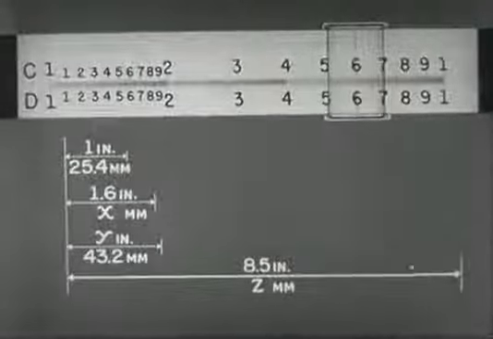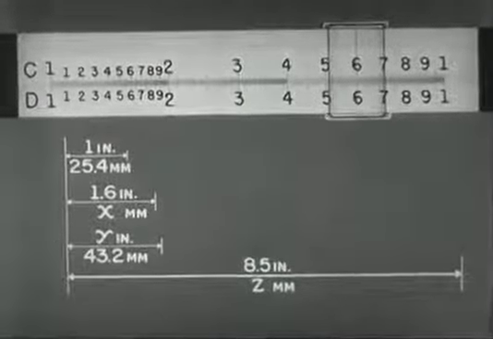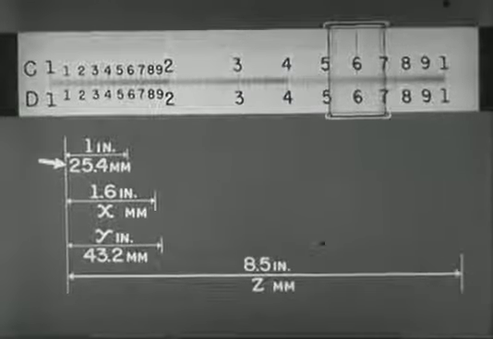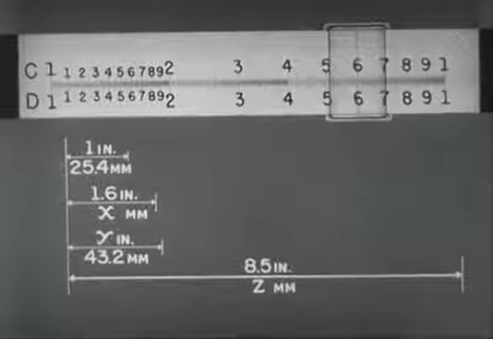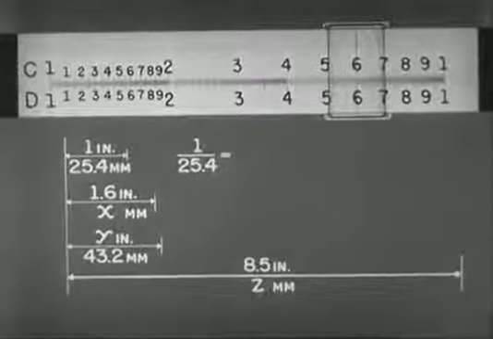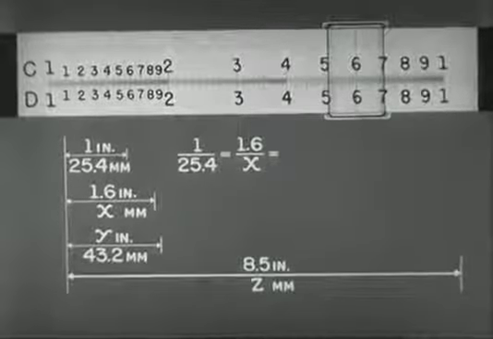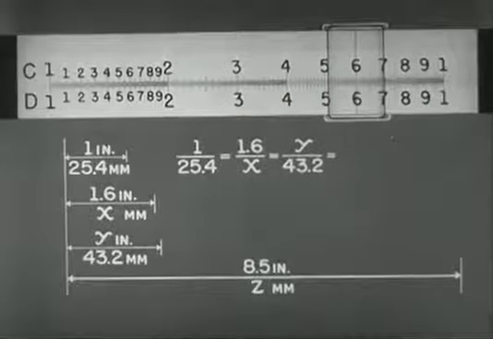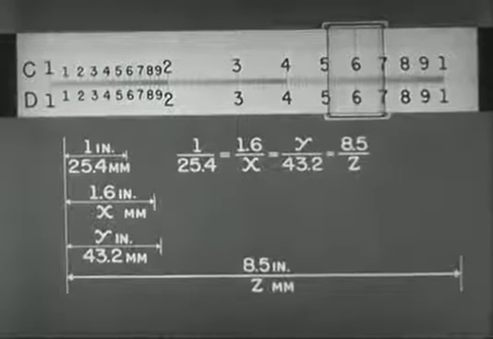Suppose the problem is to convert inches into millimeters and millimeters into inches. Since 1 inch equals 25.4 millimeters, we write 1 is to 25.4, as 1.6 is to x, as y is to 43.2, as 8.5 is to z.